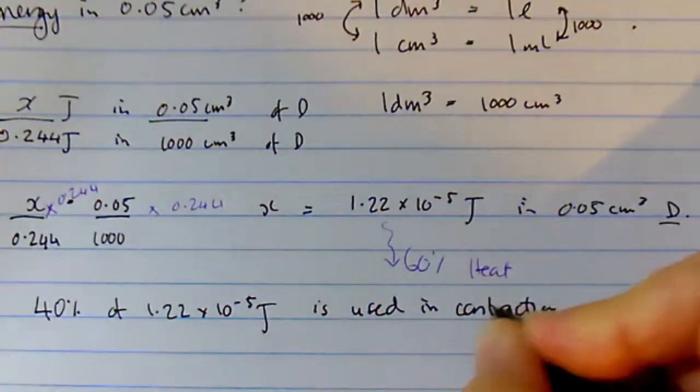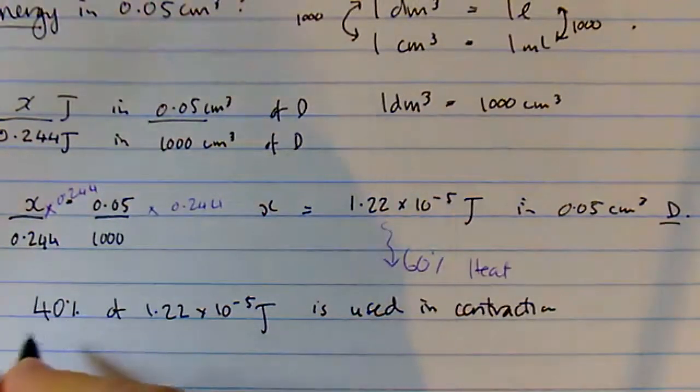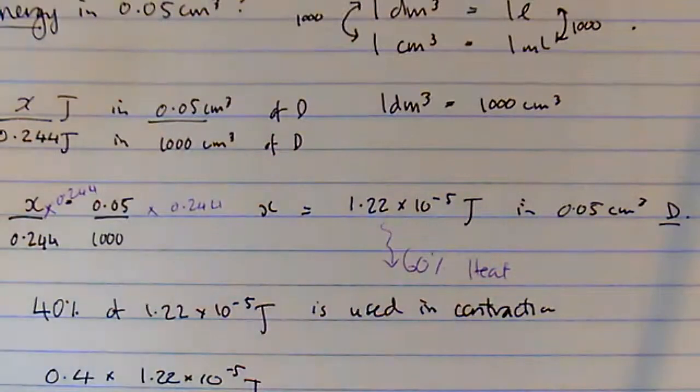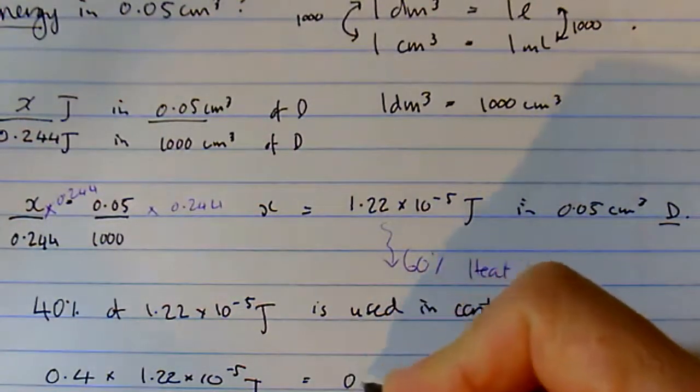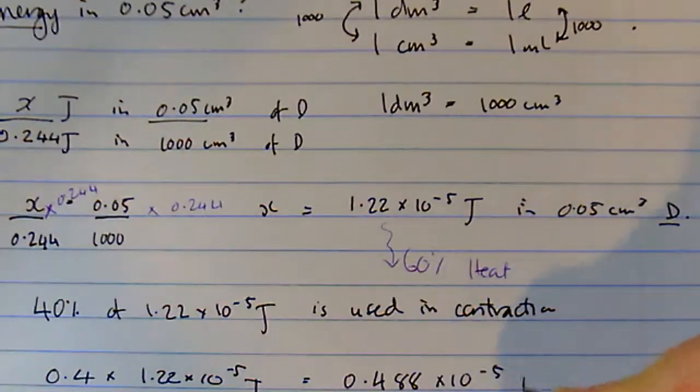Okay, so that means 40% is 0.4. 0.4 times 1.22 times 10 to the power of minus 5 joules is equal to 0.488 times 10 to the minus 5 joules.